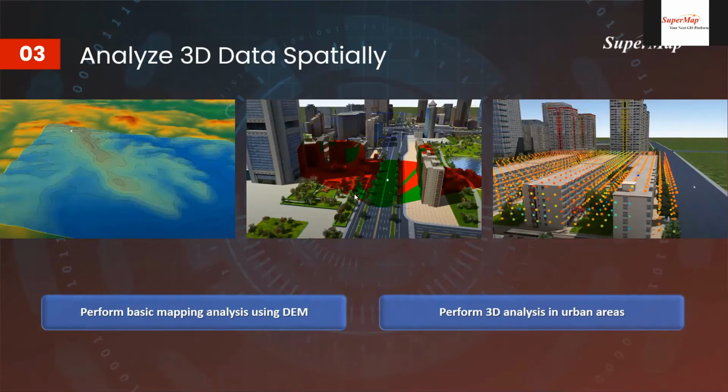After opening our data, we can select the DEM 25 in the iDesktop screen. In this DEM data source, we have DEM 25, right?